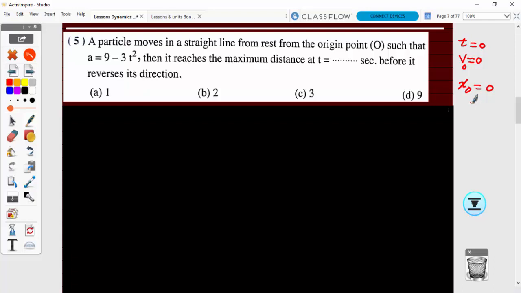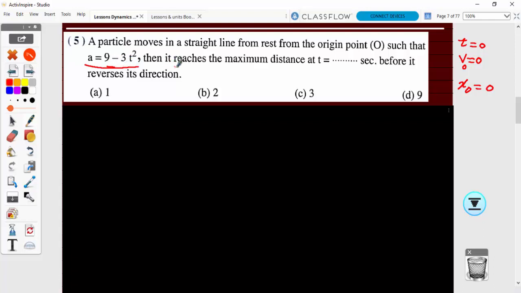So you always put the position equals 0 when they say the particle moves from origin point or fixed point or constant point. It is the same meaning. Starting from x naught equals 0, such that the acceleration equals 9 minus 3t squared.